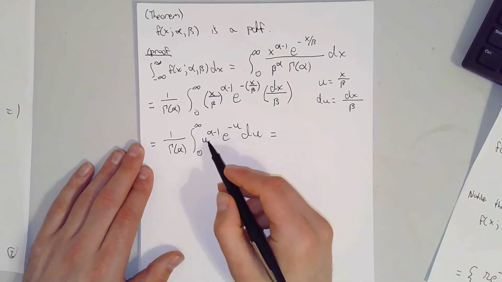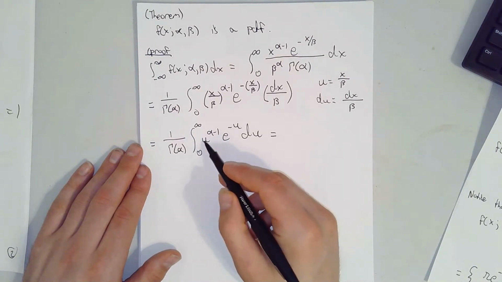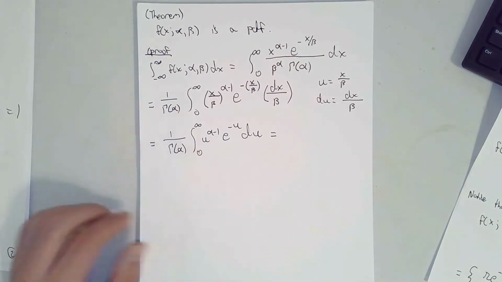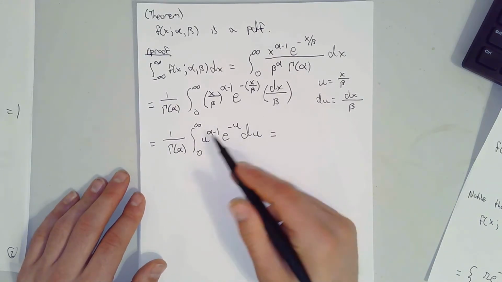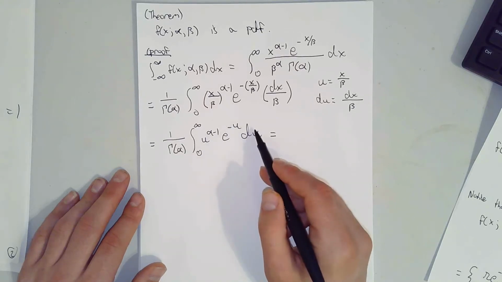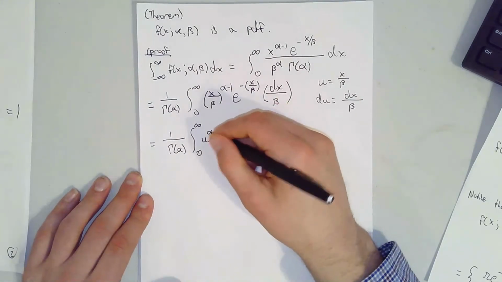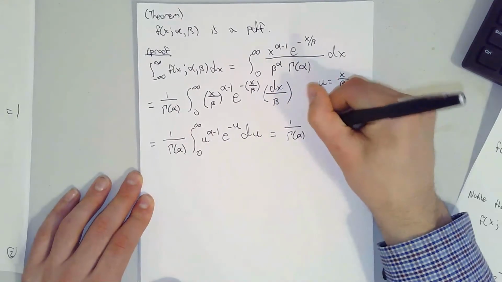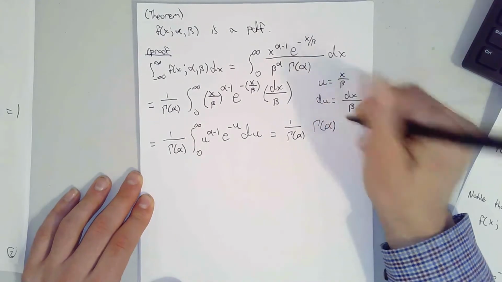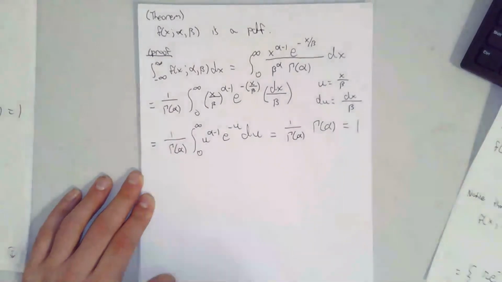Now remember, the gamma function we thought of as an integral with the argument x, but the variable of integration is irrelevant to the gamma function. I could call the same thing x if I'd like, or I could call it y, whatever variable you'd like to use. And so therefore, this is just gamma of alpha by definition, that integral here, which is therefore equal to 1.